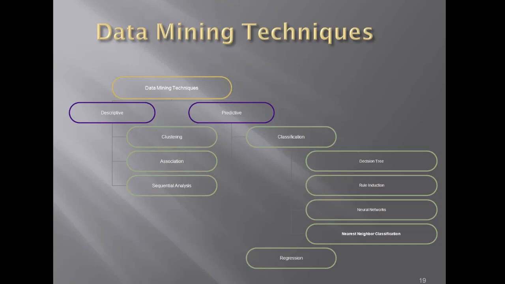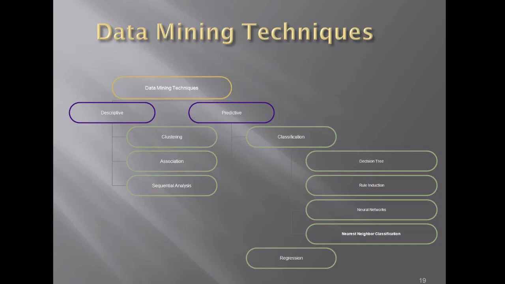Descriptive data mining typically involves techniques known as clustering, grouping people together, association, associating certain patterns, and sequential analysis, determining what follows.